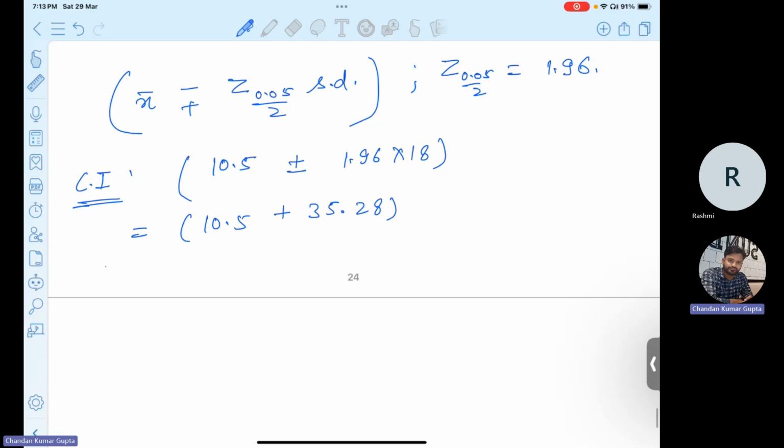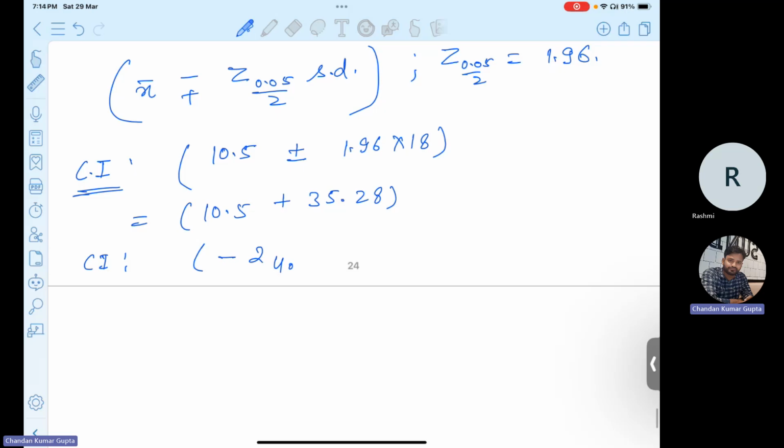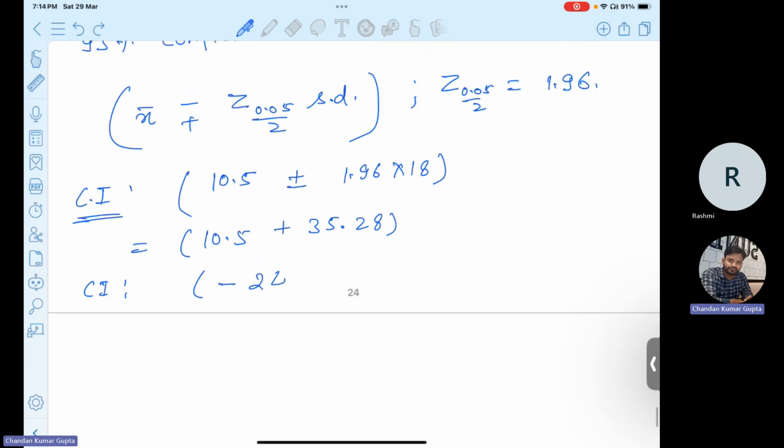Once you solve, the minimum value is minus 24.78 and the maximum value is 45.78.